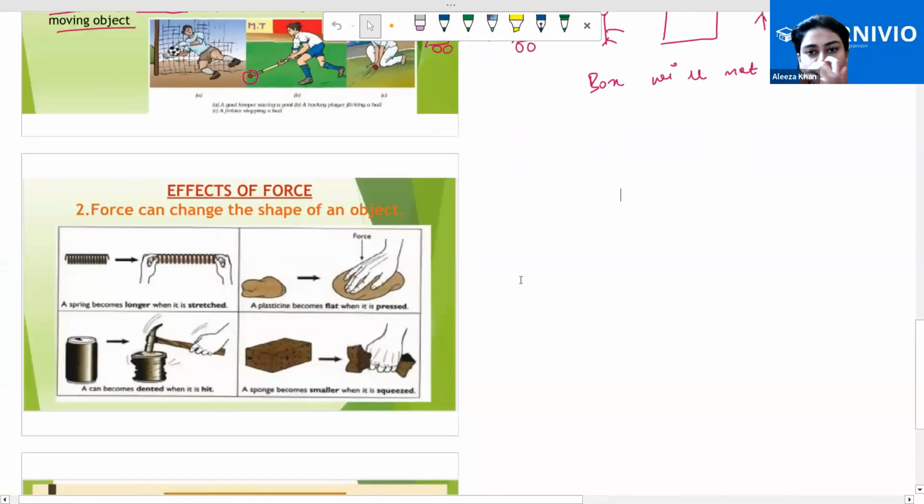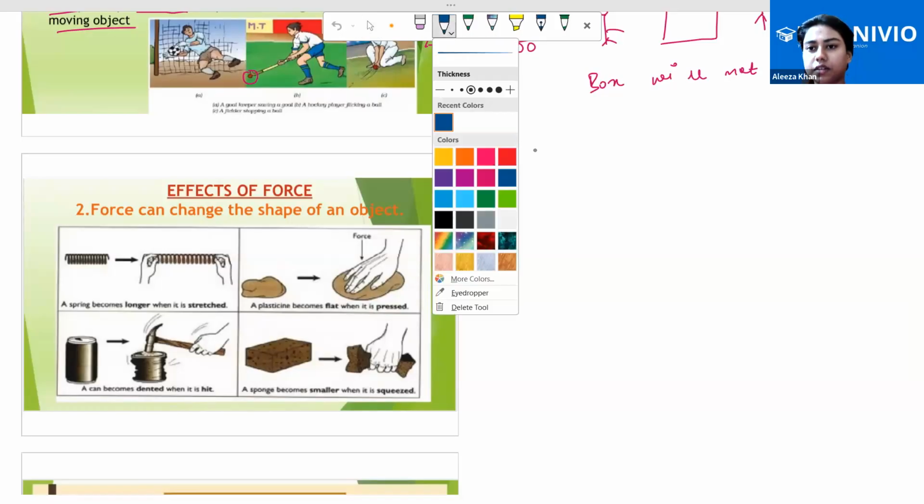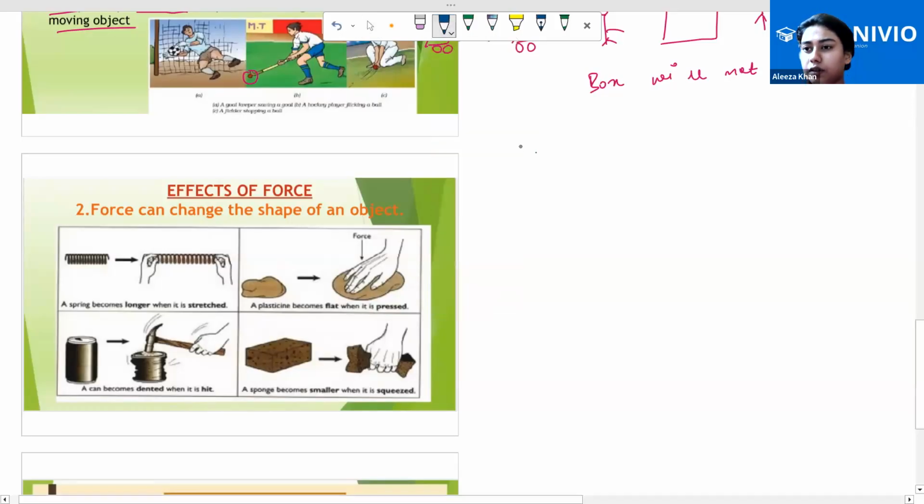When the force is the same and the direction is opposite. Okay, so in that case, the net force will be 0 and the object will not move.